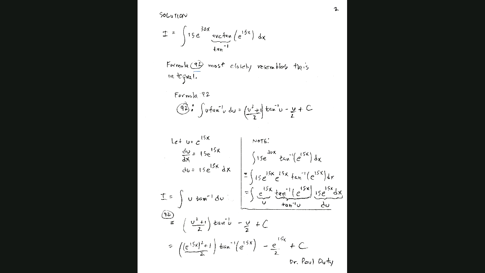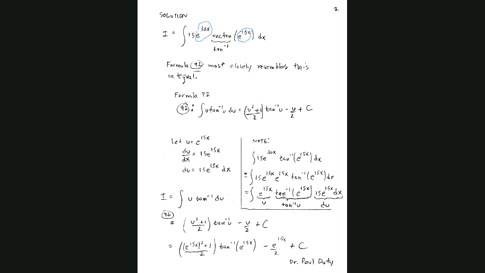Now, you're right. Formula 92 is actually going to most closely resemble the integral. The reason is because you have a variable thing here. Sometimes it's helpful to think like a kid. I have the arctangent of a variable, x is a variable, so e to the 15x is a variable.